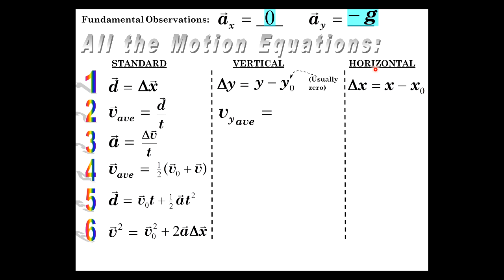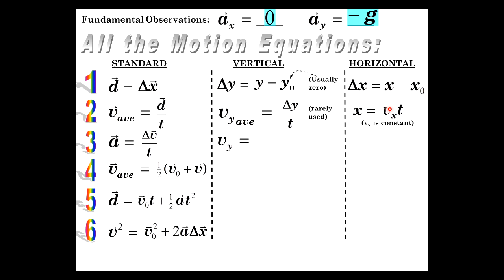You're going to notice that the information I put in the horizontal column is going to be redundant and fairly trivial, which I'll summarize right at the end. So Vy average is delta y over t, change in y over t. Well, okay, it's true, but not that important for the most part for our problem solving. x is equal to Vx t.